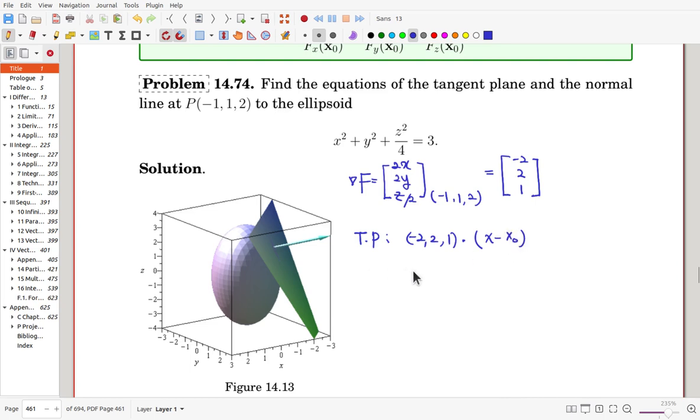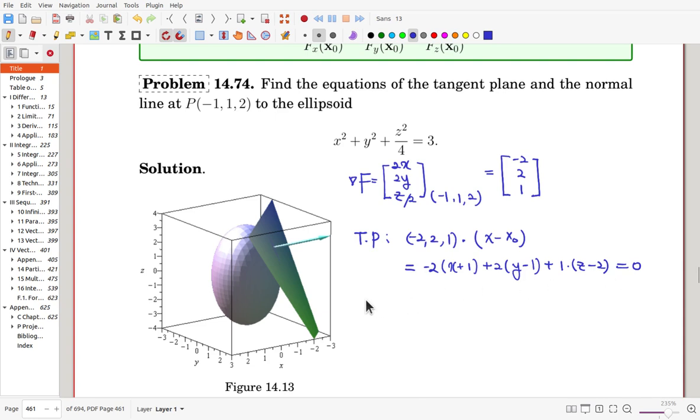Let's write down the detail. -2 times (x minus x0, which is x plus 1), plus 2 times (y minus 1), and finally plus 1 times (z minus 2), equals 0. If you want, you can simplify this to get the final answer.